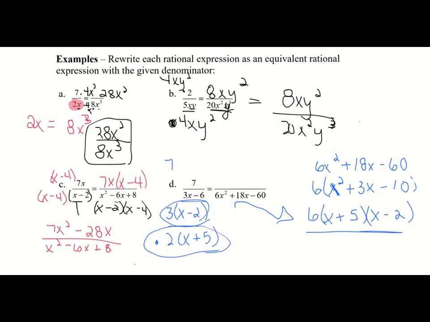I'm going to do 7 times 2 times x plus 5. We will distribute here. So 7 times 2 is 14. We have 14 times x plus 5, which is going to give me 14x plus 14 times 5, which is 70.